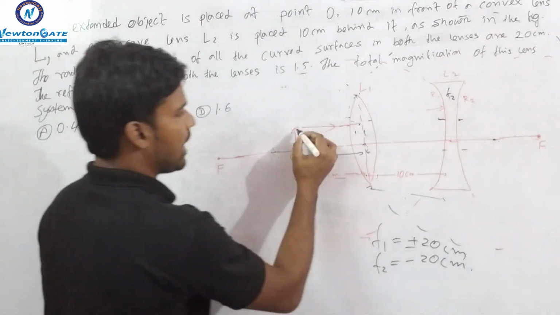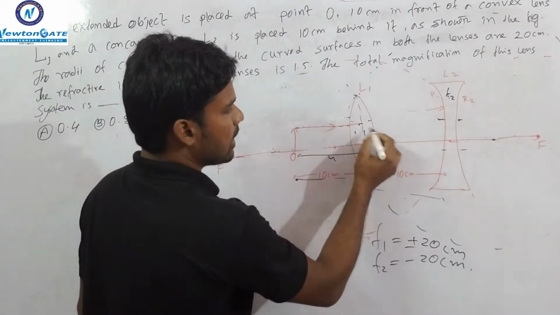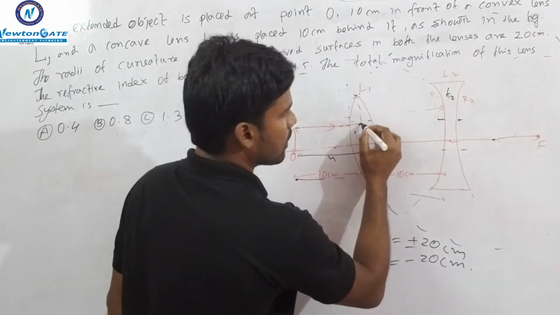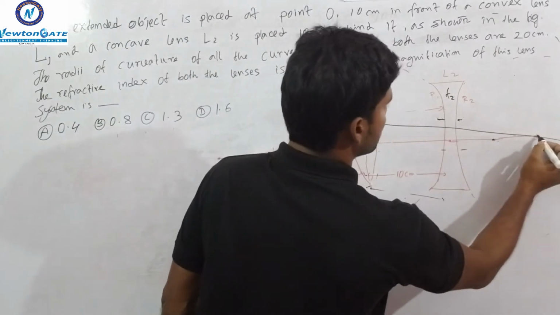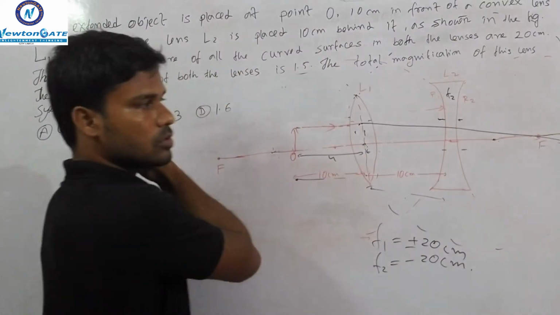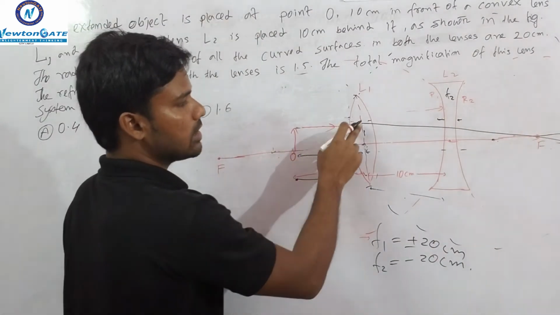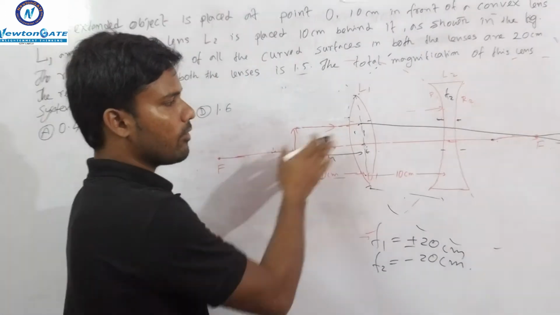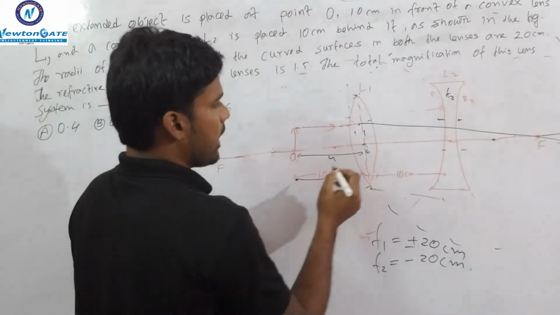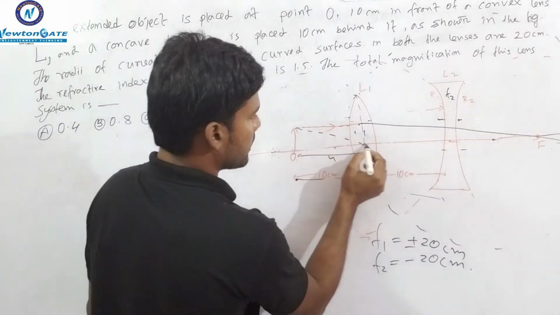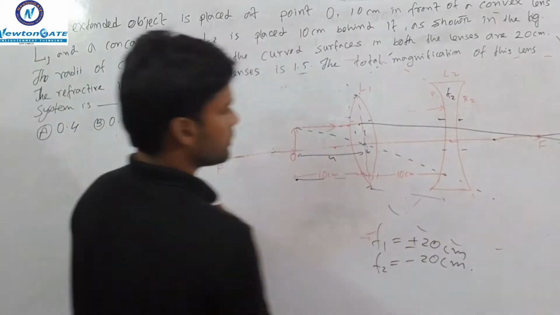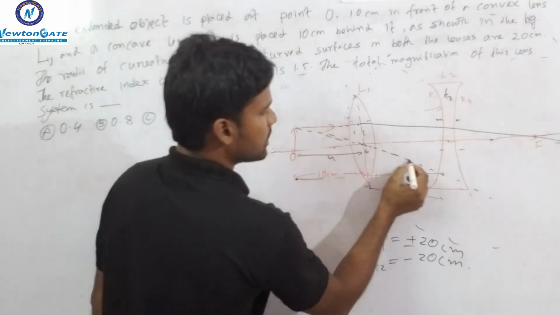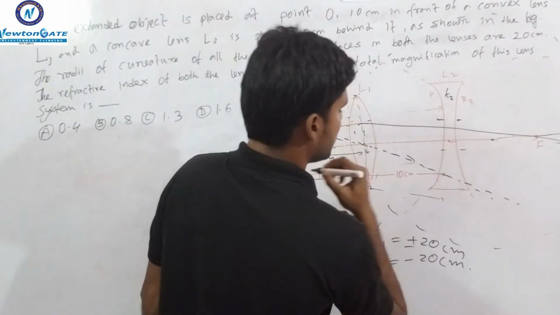So light goes in this direction and comes to the lens, and it converges towards the focus. Another light goes from the center of the lens in this direction.